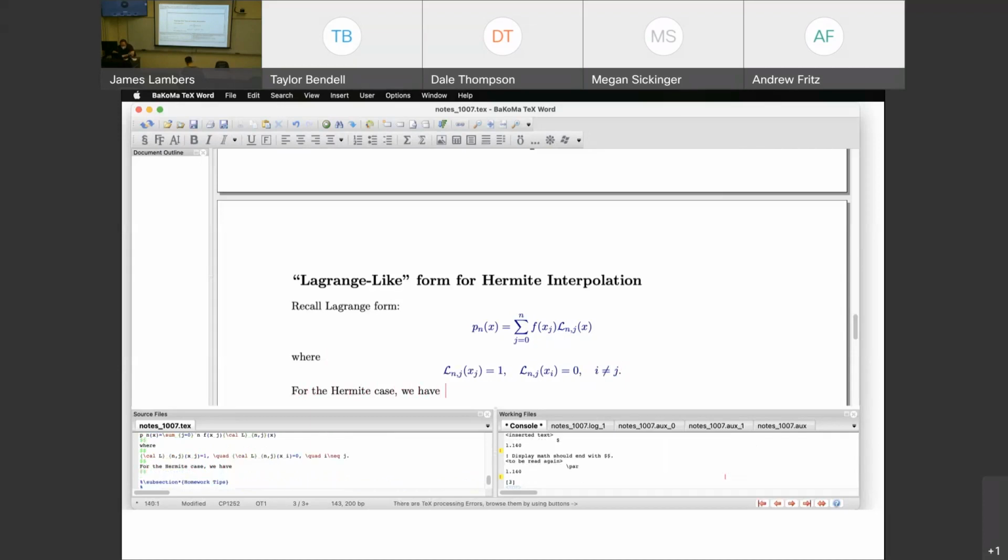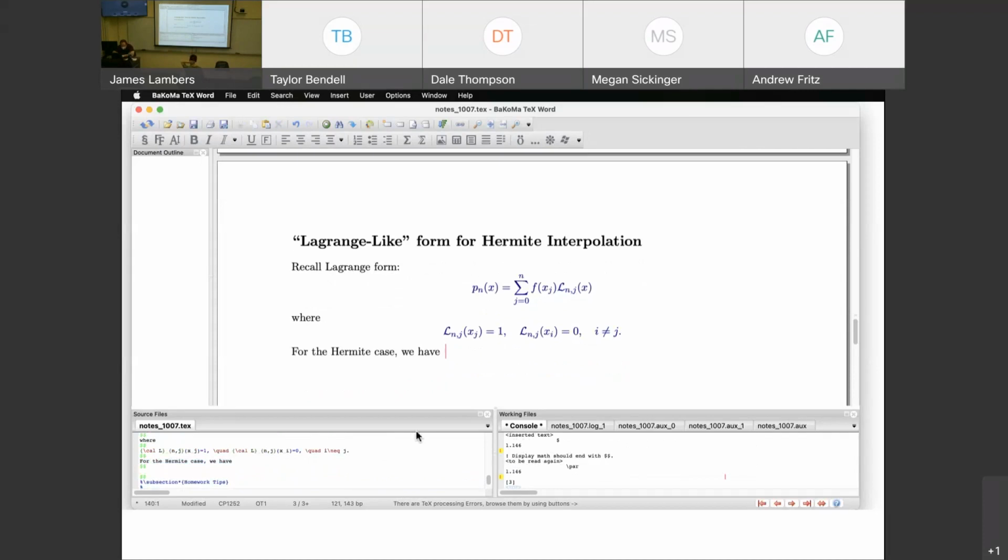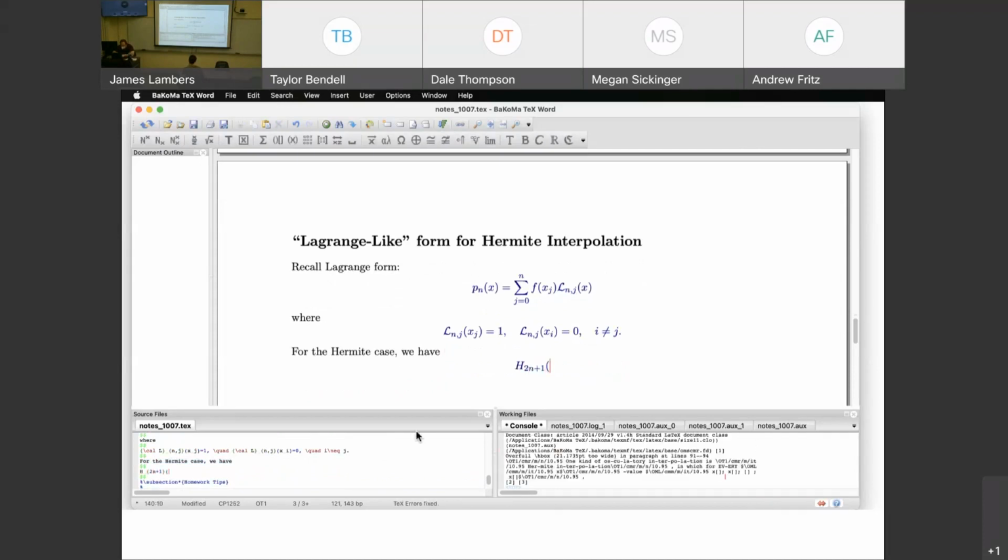It's going to be a bit more complicated. So, that polynomial, H2n plus 1, takes into account f values and f prime values. So what we have are f times these polynomials h, with an index, right? Plus f prime values are needed here too.